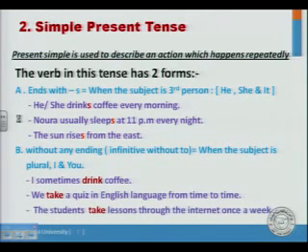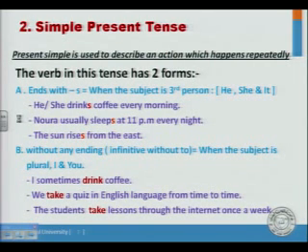The subject is I here. I sometimes drink coffee. Drink. If you compare he drinks coffee and I sometimes drink coffee, the verb here in red color, drink, we don't put anything after it. While in the first one, he, she drinks, we add s. Here no s, because the subject is different.